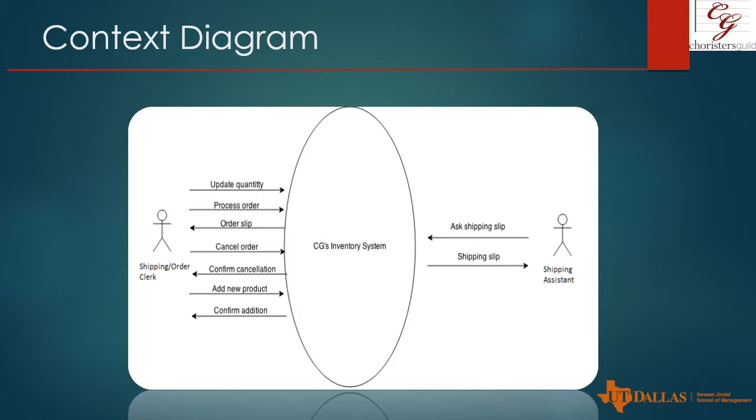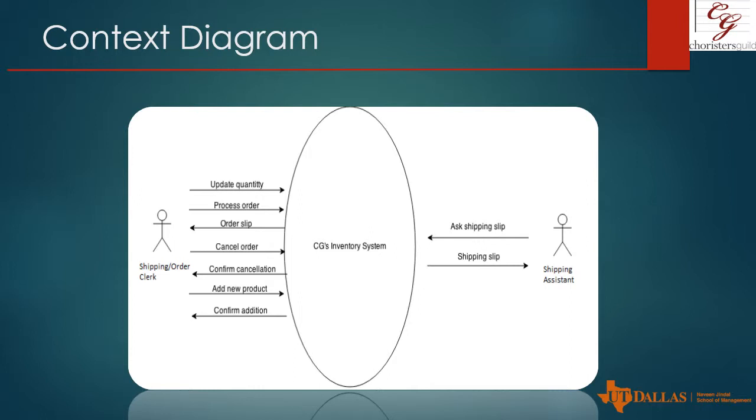I'll talk about the problems that we just mentioned in a technical way, but I'll try to explain them in human language. The first diagram is called the context diagram. It shows who is interacting with the system. As you can see, there are not many interactions between the shipping assistant and the system. That means the shipping assistant is rarely using the system.